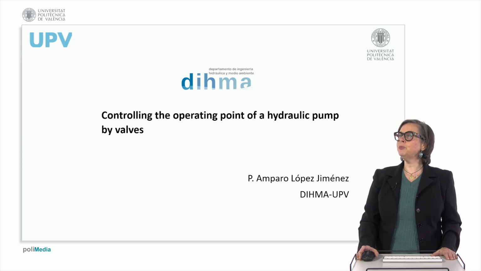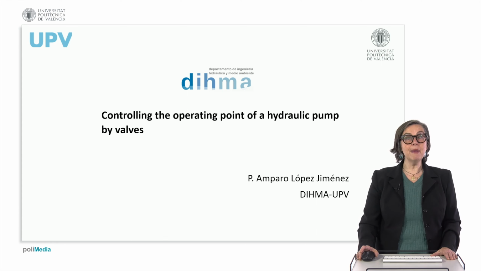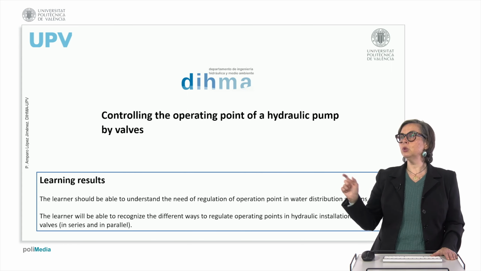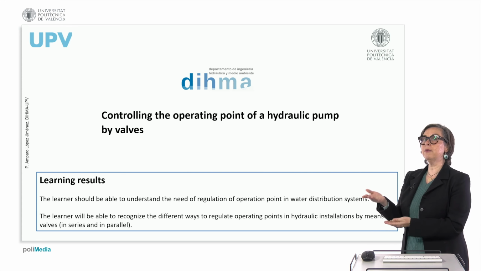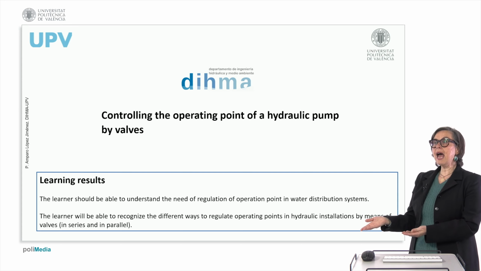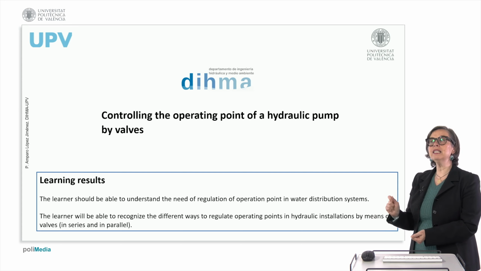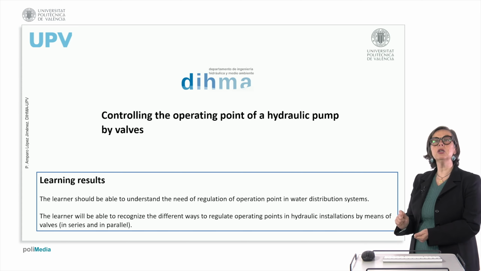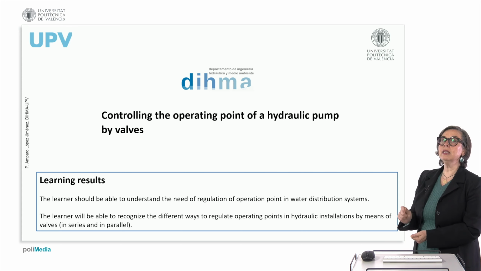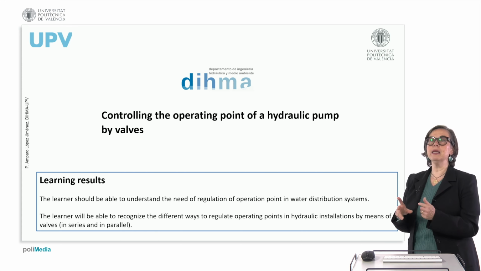Today we will be speaking about the control of the operating point of a hydraulic pump by valves in the facilities. So when we finish, we will be able to understand the need of regulation in the system in several water distribution networks and to recognize the different ways in which we can regulate the operating point of a particular pump with valves in series or in parallel.